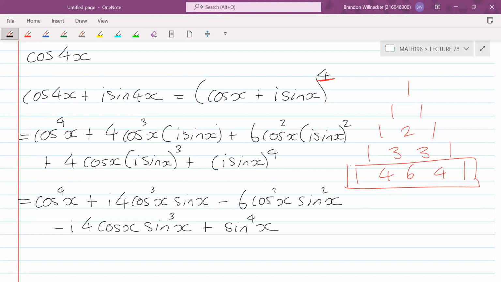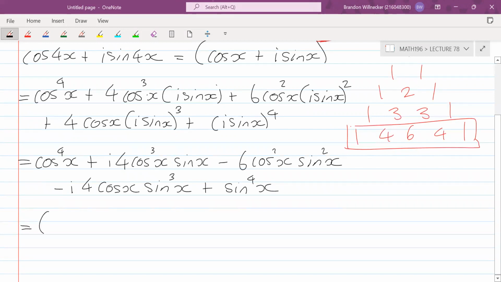Okay, now again, let's group the real parts and the imaginary parts together. So let's look at all the real parts. So that's going to be cos to the 4x. The next term is r times 4, so that's imaginary. Then we're going to have minus 6 cos squared x sine squared x. The next term, that's imaginary. The next term, that's real.